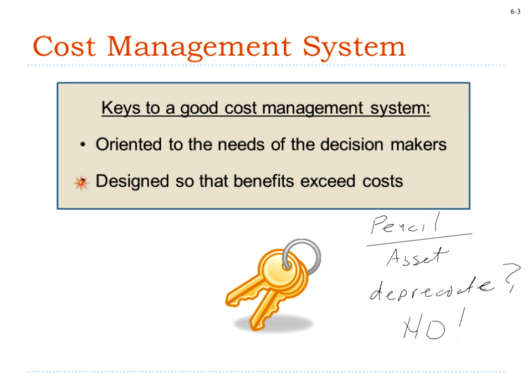And the answer to those is also no. Keeping track of depreciation on a pencil or a wastebasket is not going to provide you more benefit than what you're paying to your in-house accountant. So again, you have to always look at the costs of doing something and the benefits you're going to get out of it. And if you're not getting at least equal benefit, then you probably need to make a different decision.